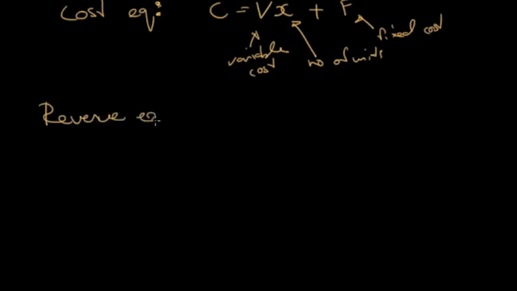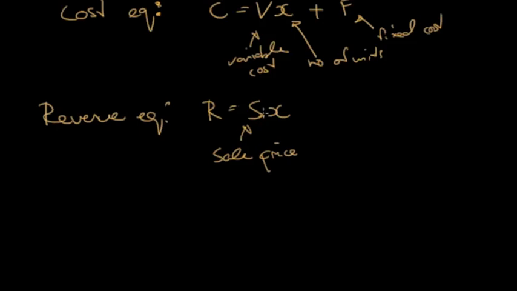Revenue equation. Well, revenue is just how much you sell your cakes for, the sale price, times the number of units. So if you're getting $1 per cake and you sell one cake, you get $1.